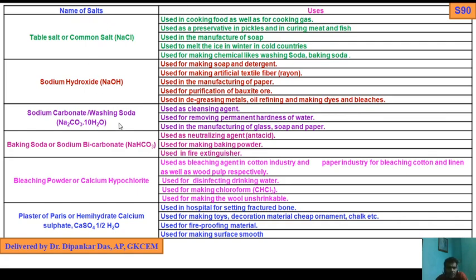Next, sodium carbonate or washing soda, Na2CO3·10H2O. Used as a cleaning agent, used for removing permanent hardness of water.